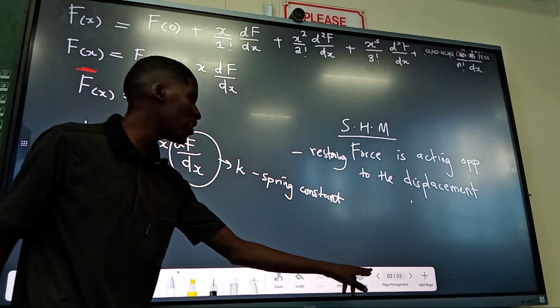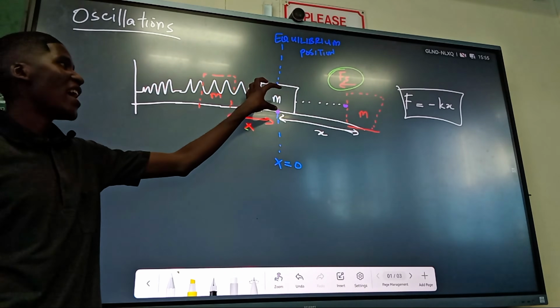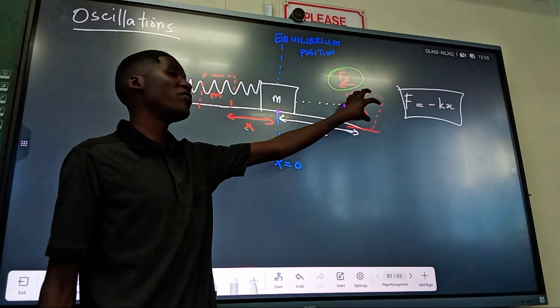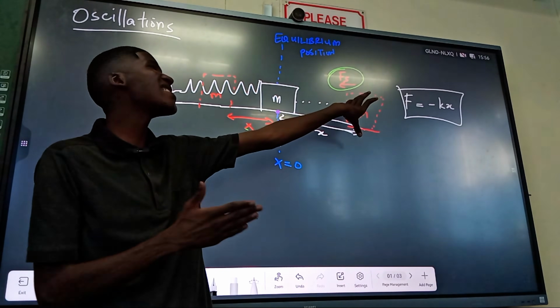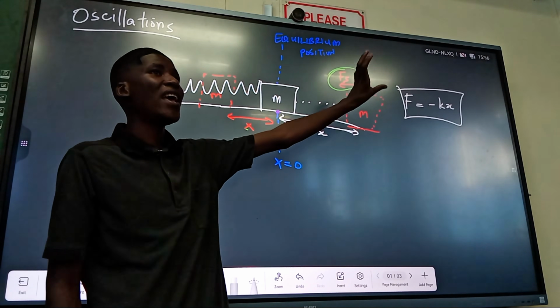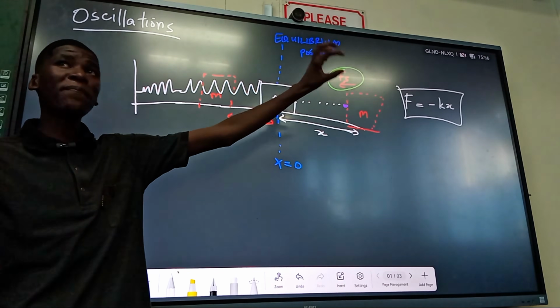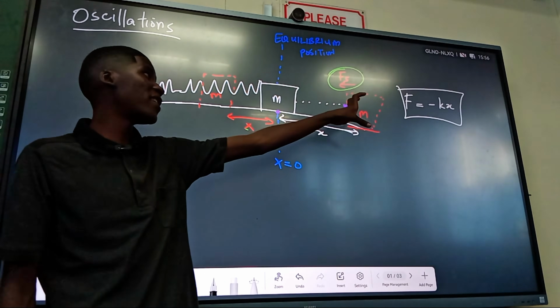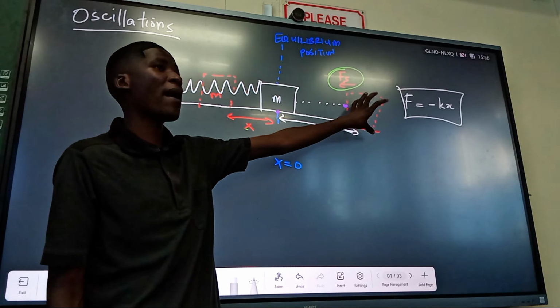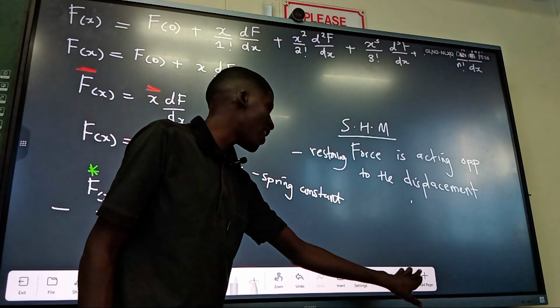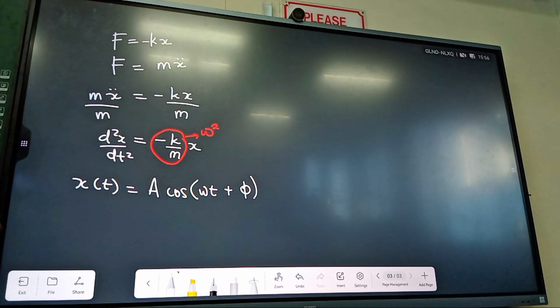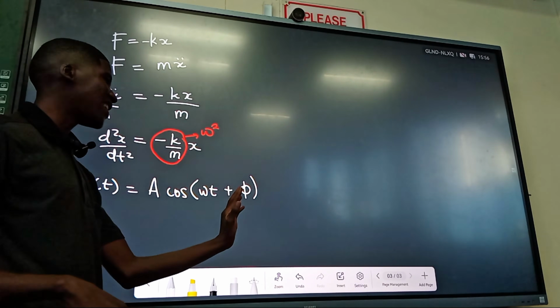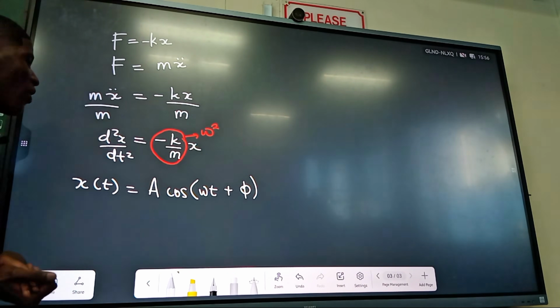So for example, in this particular diagram, let's just say you displace it to 5 meters. The amplitude is the biggest displacement away from the equilibrium position. And then x is equal to A cos(omega t plus phi). Phi is just the phase angle. We're still going to see how it works.